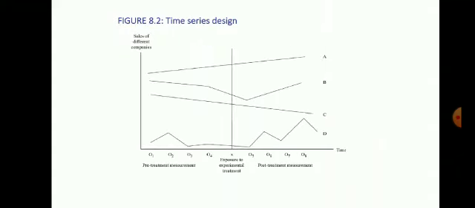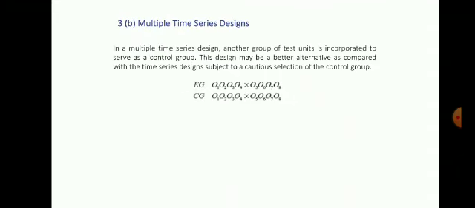This is the graphical representation of the time series design wherein the first observations were collected before the treatment was applied to the experimental group, then the treatment is given to the experimental group, and last observations were collected once the treatment is over for the experimental group.